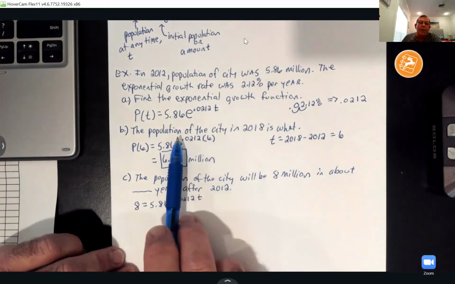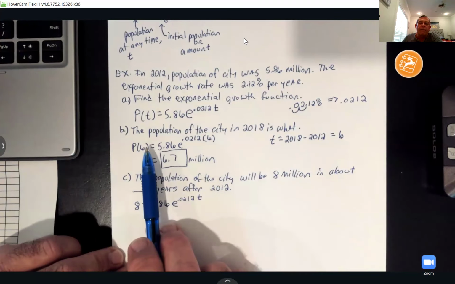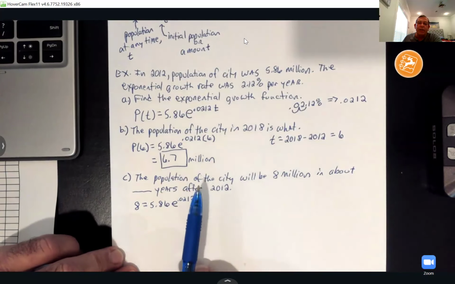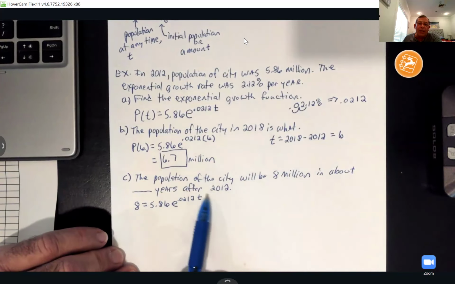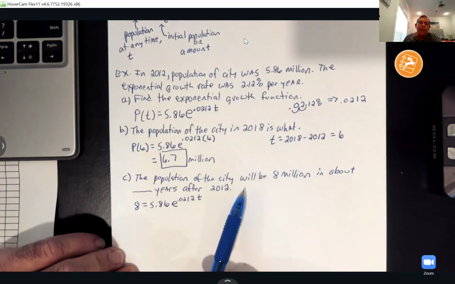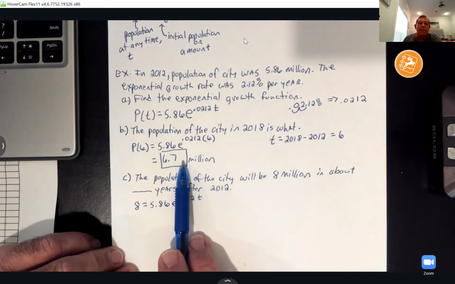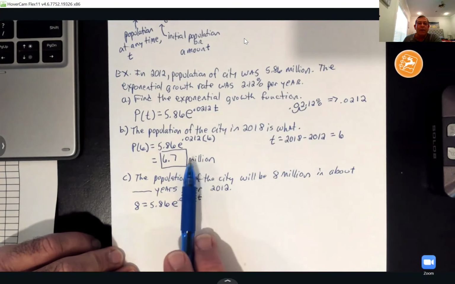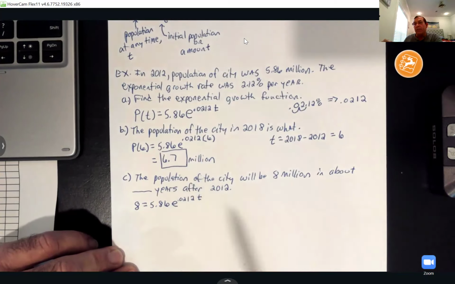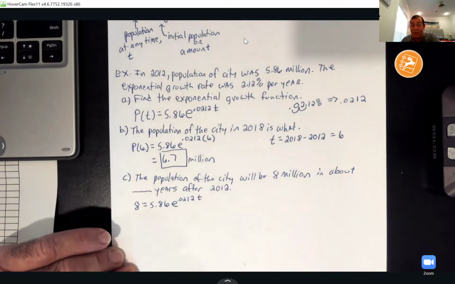So up here, we found the final population after so many years. Now we want to look at how many years passed to get to that 8 million, okay? Now we know it's going to be more than 6.7 because after 6 years, it was only at 6.7 million. So it's got to be more than 6 years on this, okay?